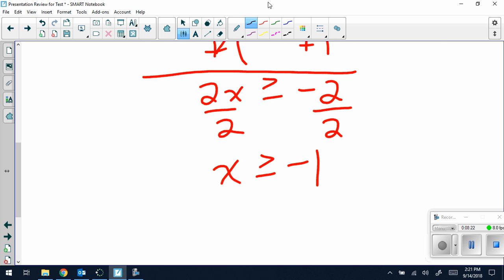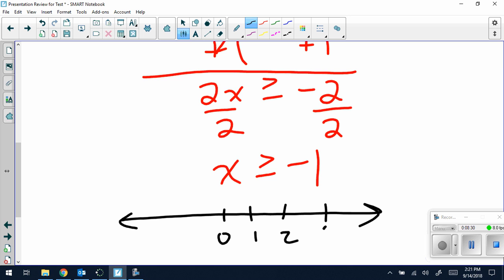And again, doing our number line, it is going to be a closed dot on the -1. And it's greater than, so also shaded to the right.